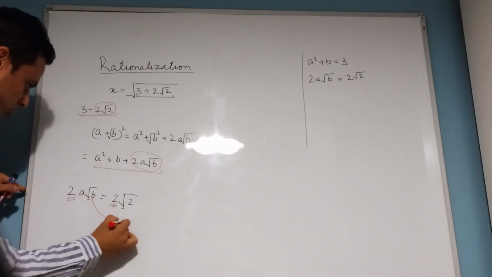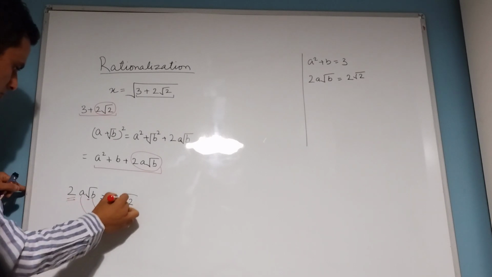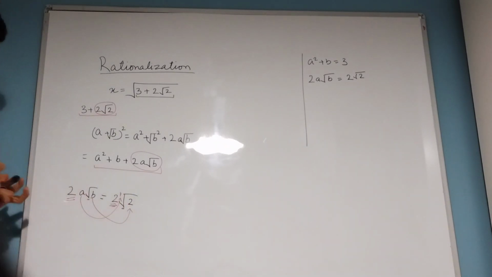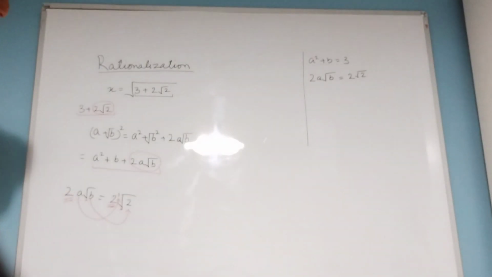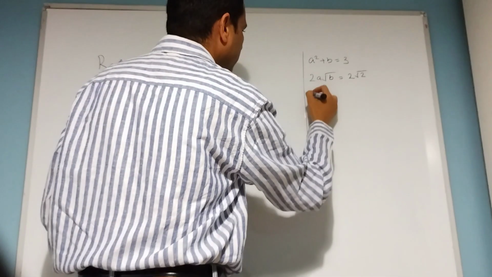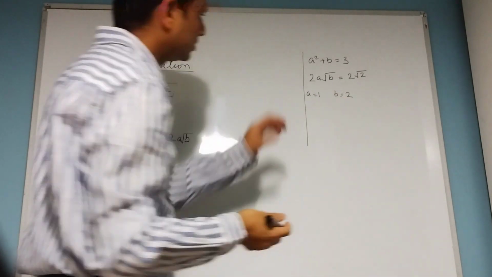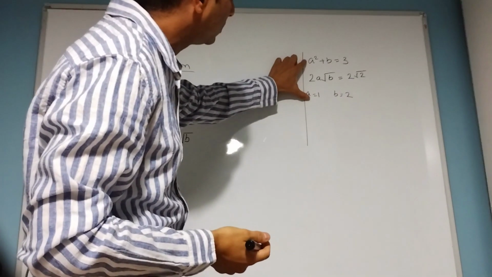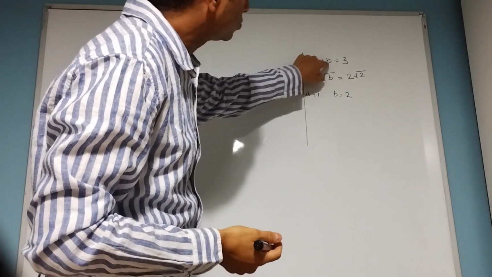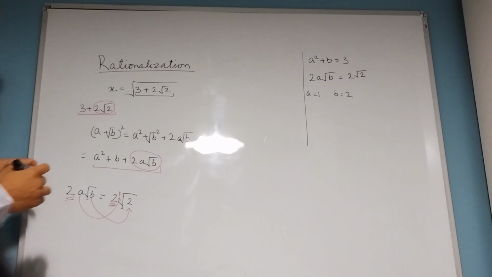We can compare this as b equals 2 and a equals 1. So we can write it as a is equal to 1 and b is equal to 2. We try to put this here. If a equals 1 and b is equal to 2, does it satisfy this equation? 1 squared is 1. 1 plus 2 equals 3. Yes. So a equals 1 and b equals 2.